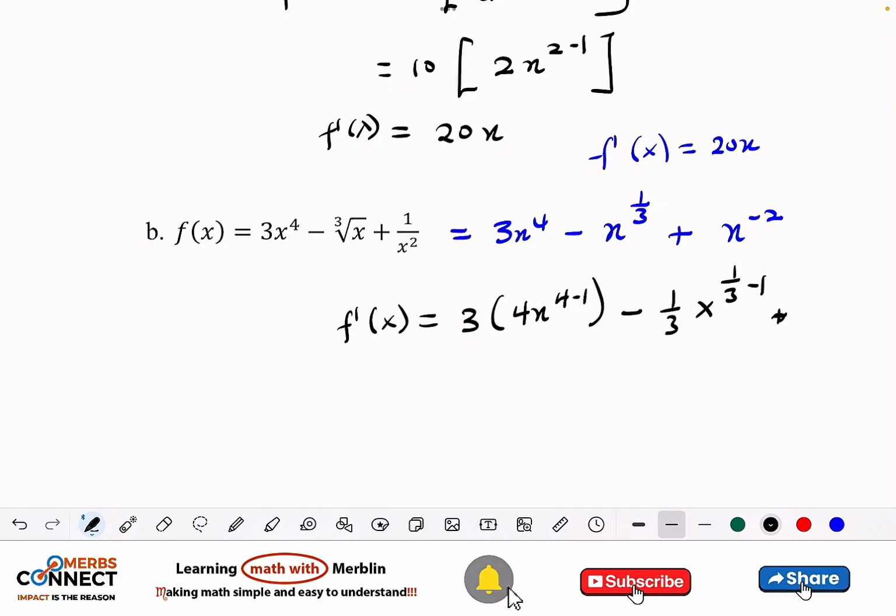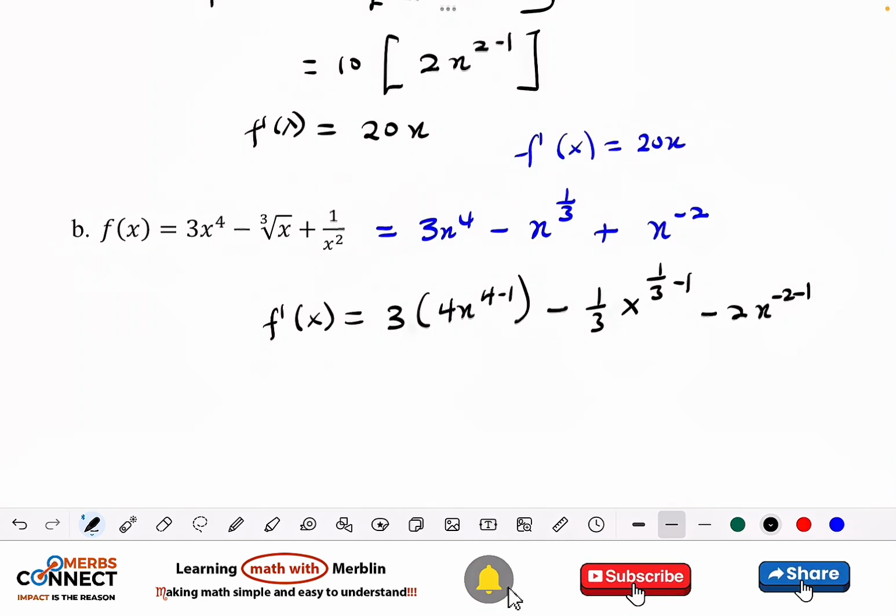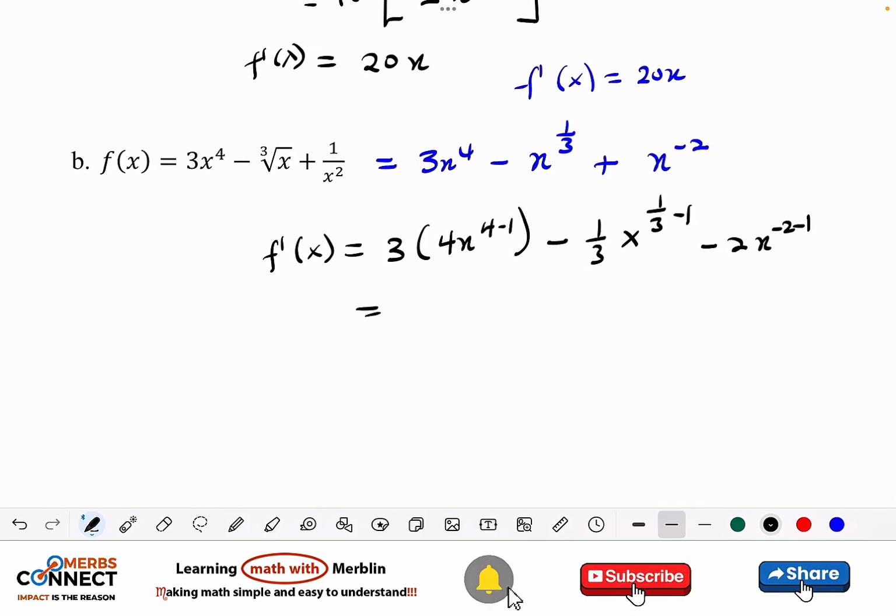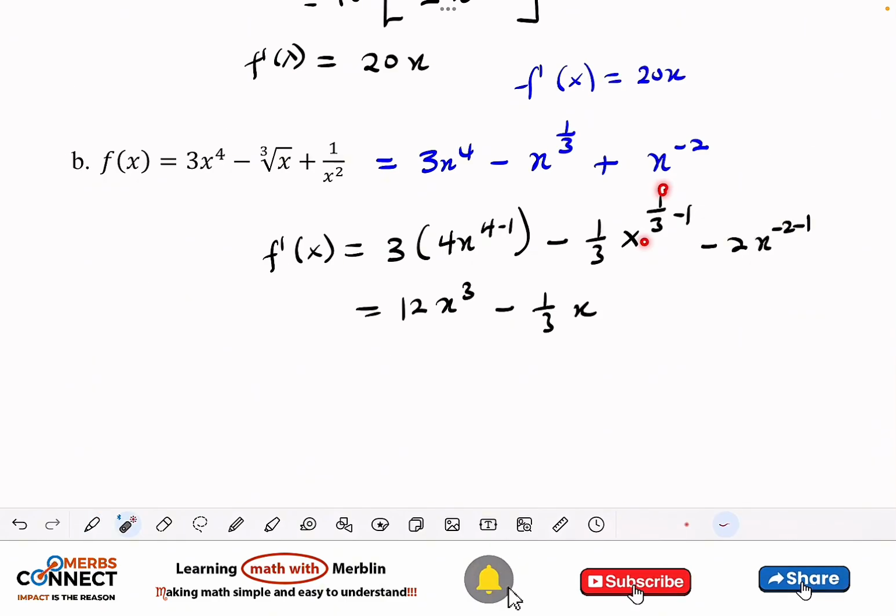Then plus, drop the minus 2, so it's going to be minus 2x to the power minus 2 minus 1. See, that's very nice. Then this is going to give us 12x to the power 3 minus 1 over 3 x to the power 1 over 3 minus 1, which is minus 2 over 3, minus 2x to the power minus 3. So this is the derivative.